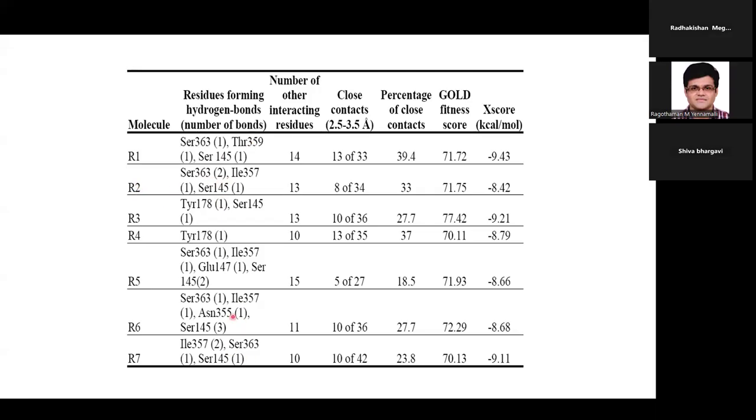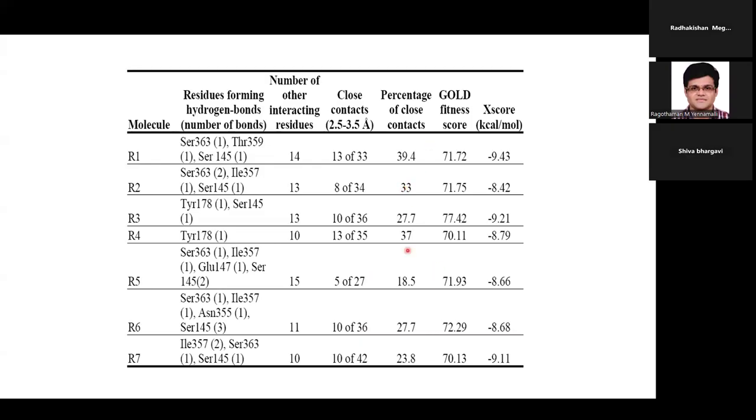What you see automatically if you look along a row in the column is that some residues are repeated across the seven molecules, which means this particular residue, serine 363, is most amenable for binding to the small molecule.